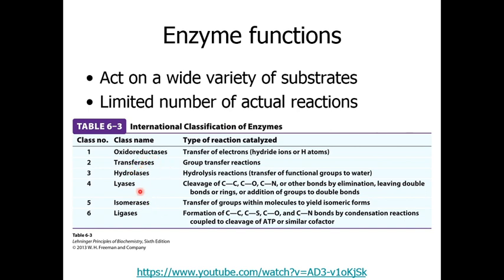If you remove the -ase from the end, you get the reaction itself. For example, a hydrolysis reaction is catalyzed by hydrolases. A ligation reaction is catalyzed by a ligase. An isomerization reaction is catalyzed by an isomerase.